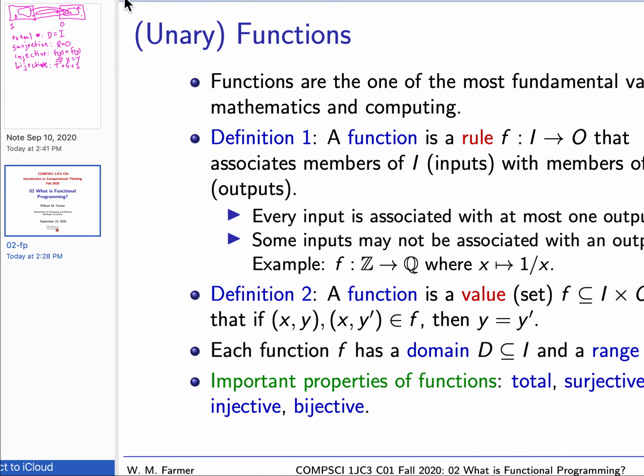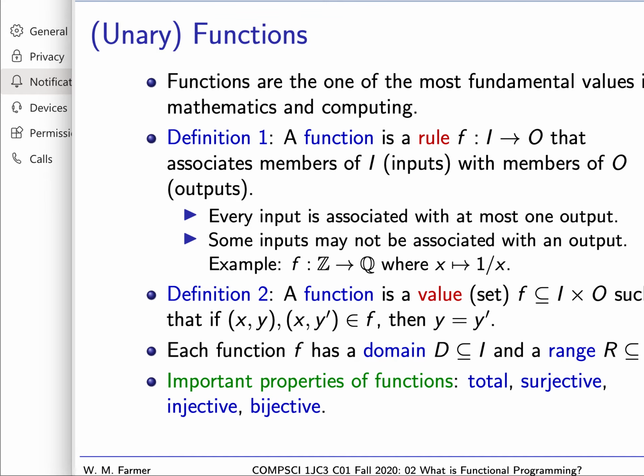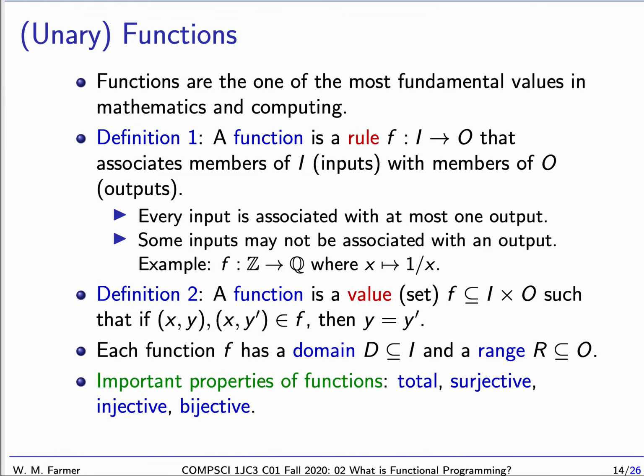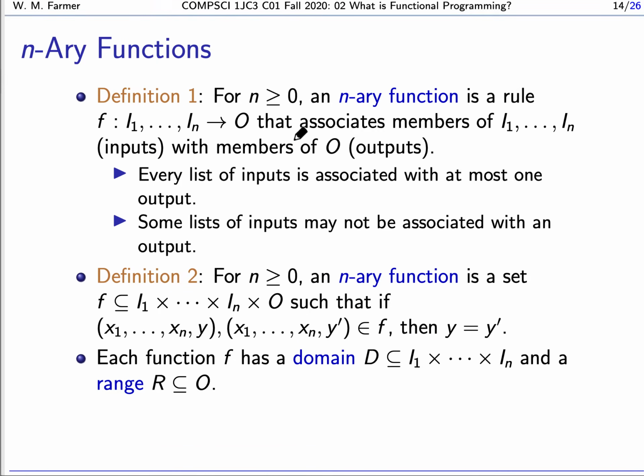Okay, so let's see, I think this has moved over a bit. Okay, so that's what a function is. And this is what are called N-ary functions, because these are functions that just take one input. We can have N-ary functions.